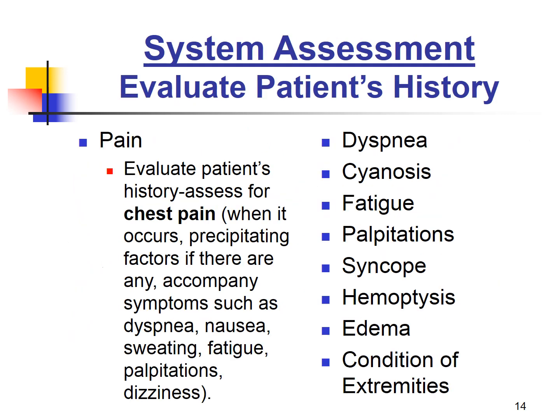Next slide. So in terms of the assessment of the cardiovascular system, it's really important for us to assess. Pain is a vital sign, so it's part of the nurse's role to evaluate the patient's history and assessment of chest pain.